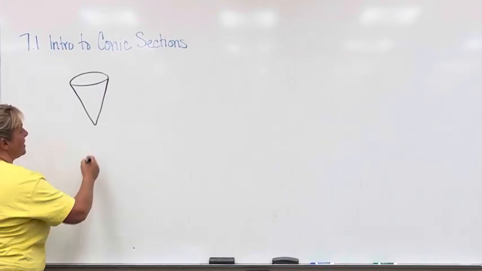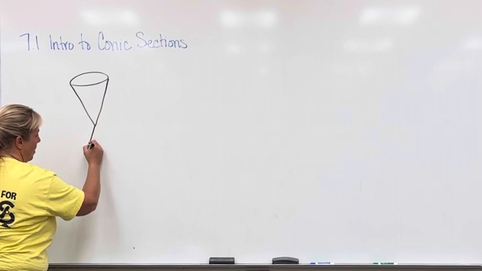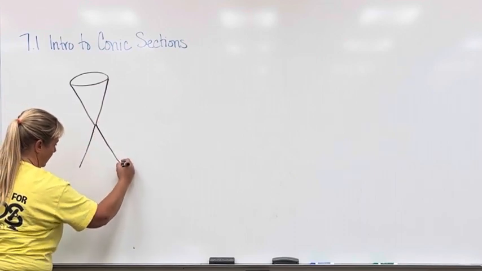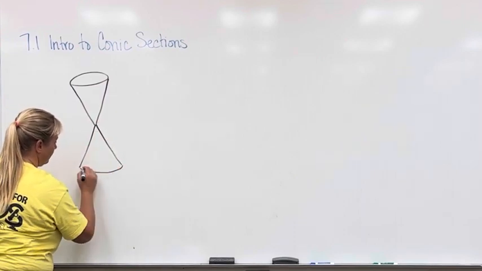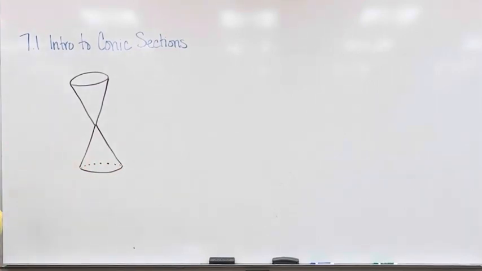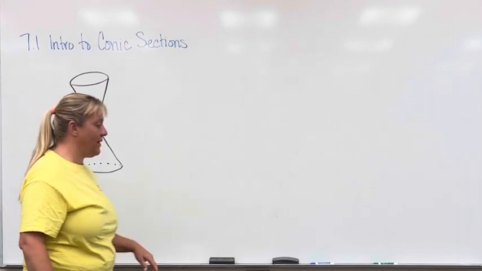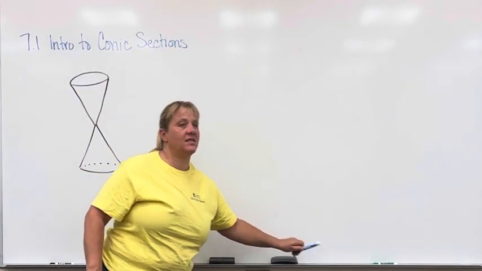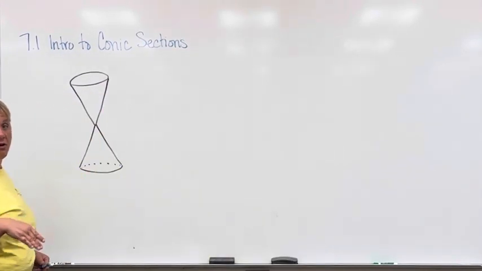What that means is that there is a bottom cone as well. So it kind of looks more like an hourglass than an ice cream cone. So here is what we call the cone. And now what we're going to do in this chapter is we're going to slice the cone in different ways.